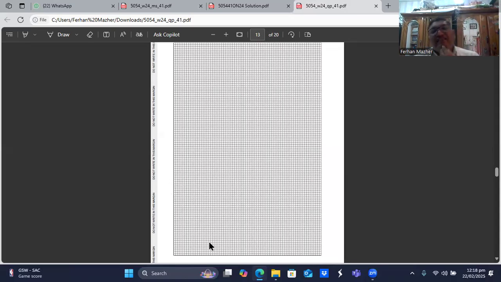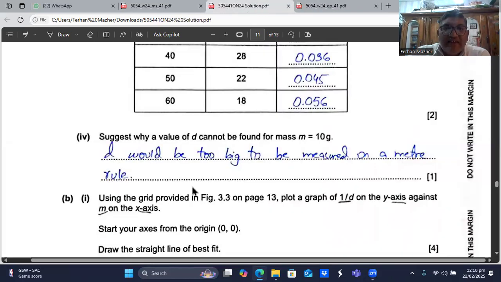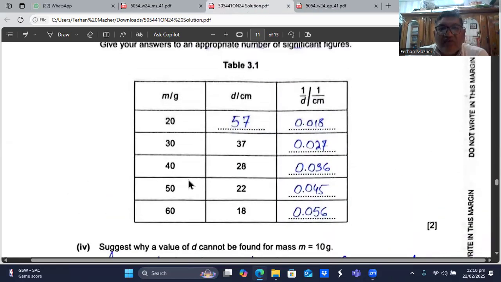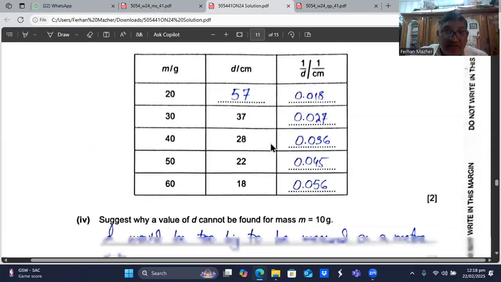On the x-axis, we have to take the value of the mass. The masses are going from 20, 30, 40, 50, and 60. And the 1/D values are going from 0.018 to 0.056.